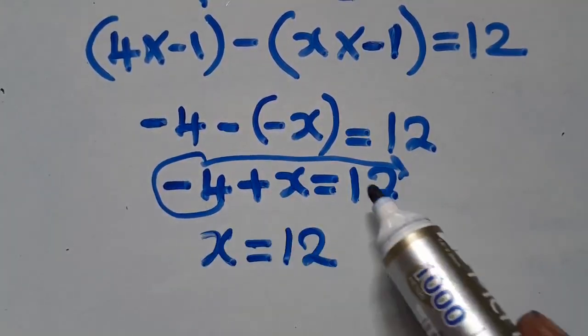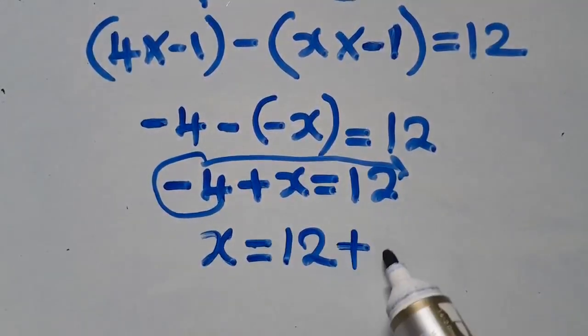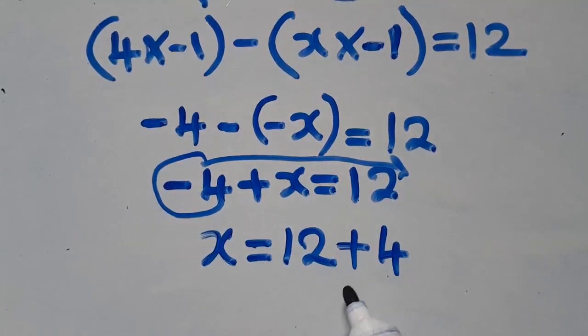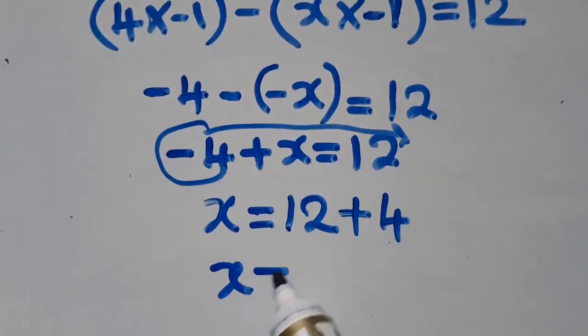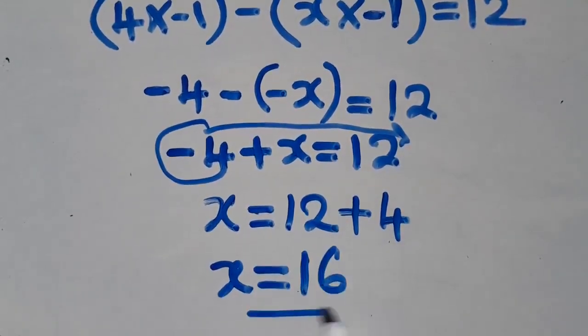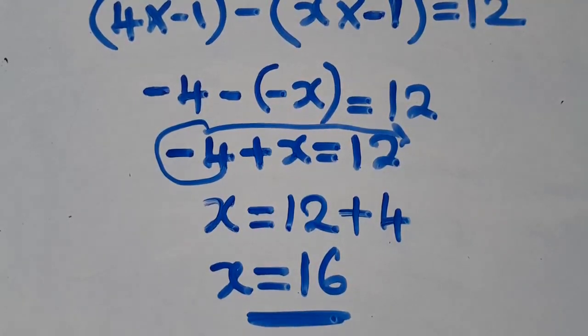When it crosses the equal to sign, it changes to plus because it was negative. Therefore, x is equal to 16. This is the answer. This is how we were supposed to work out all the exercises that I was given.